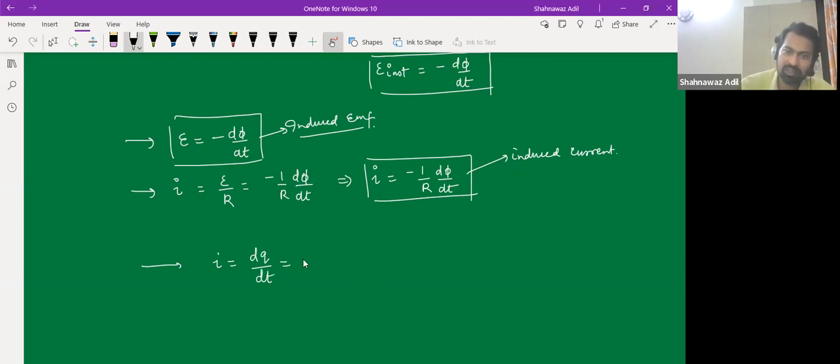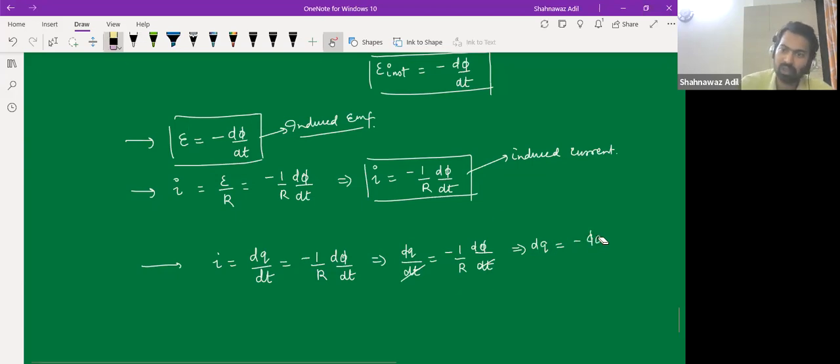This is equal to minus 1 over r d phi by dt. So dq by dt is minus 1 over r d phi by dt. dt cancels, and we have dq, which is minus d phi by r.